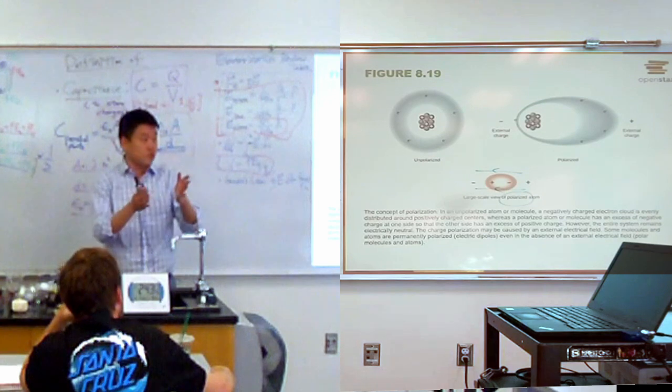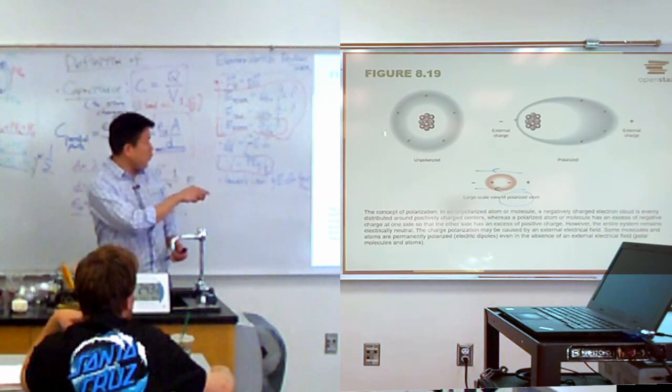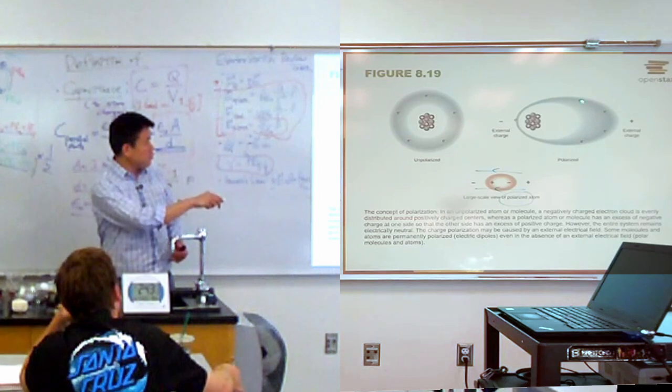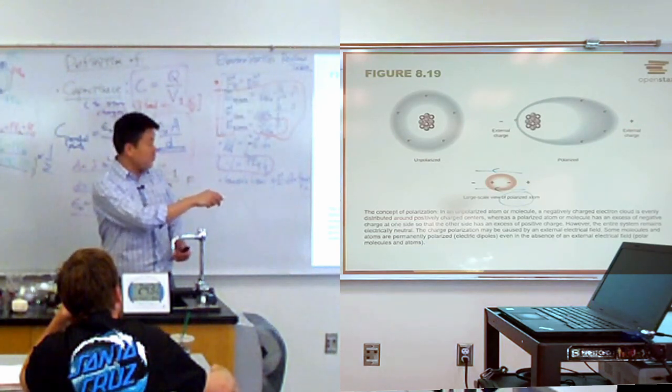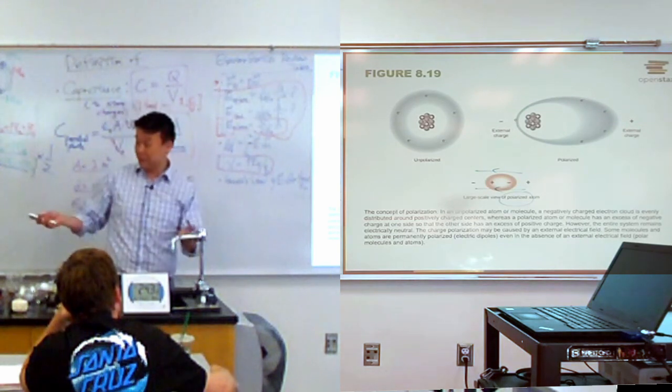They just do it to such an extreme extent that if this was a conducting sphere, there would be so much positive charge here, so much negative charge here, that inside the conductor the electric field would be zero. That's the property of a conductor.